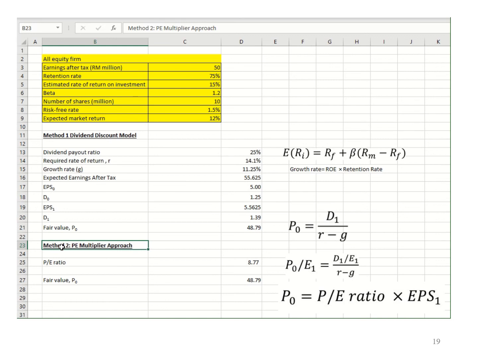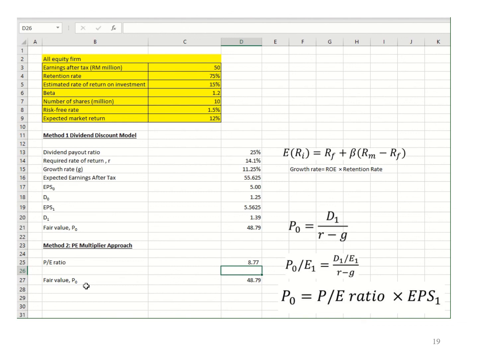Alternatively, we can use the second method, the PE multiplier approach, to value the stock. First, we calculate the PE ratio using this formula here. The dividend payout ratio of 25% divided by R of 14.1% minus G of 11.25%, and the PE ratio is equal to 8.77 times.